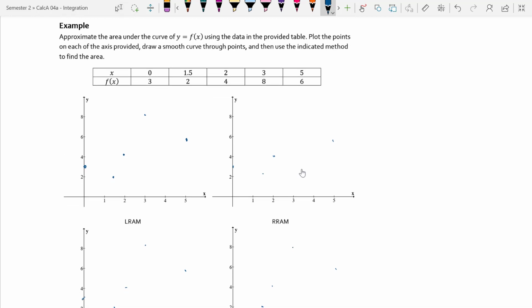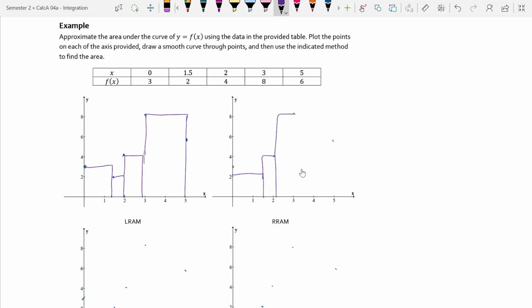And then we draw the LRAM this way, then this way, then this way, then this way, like that. I would draw RRAM like this. Sorry, I'm missing the (3, 8) point.